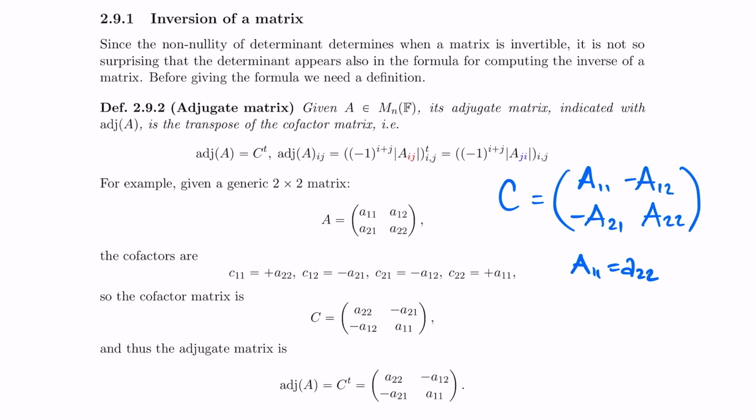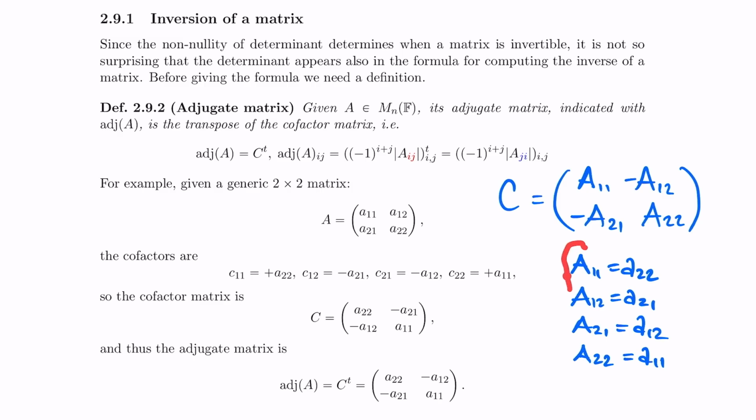Then for the minor A12, we have to erase the first row and the second column, and we remain with A21, and so the minor A12 will be A21. Similarly, we find the minor A21 to be A12, and the minor A22 to be A11.